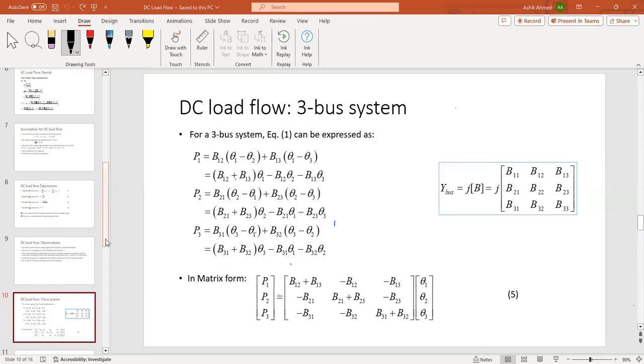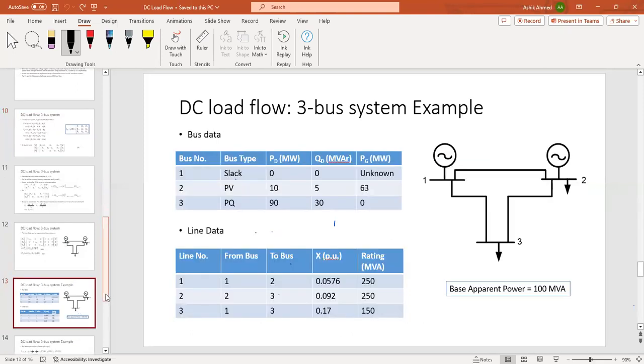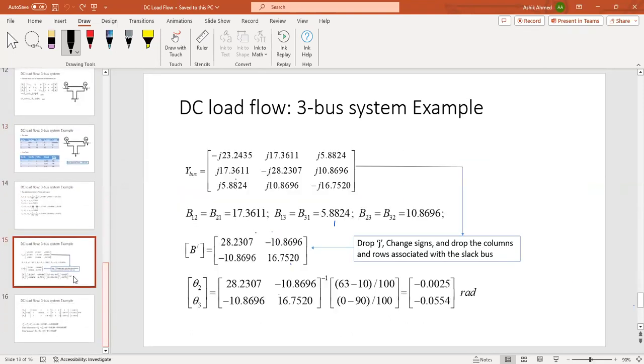Both are correct. Either method can be followed to finally find this B dash matrix. Remember, the B dash matrix is one dimension less than the B matrix. The big B matrix would be 3 by 3, and the B dash matrix will be 2 by 2, that is n bus minus 1 by n bus minus 1, with the elimination of the swing bus entries.